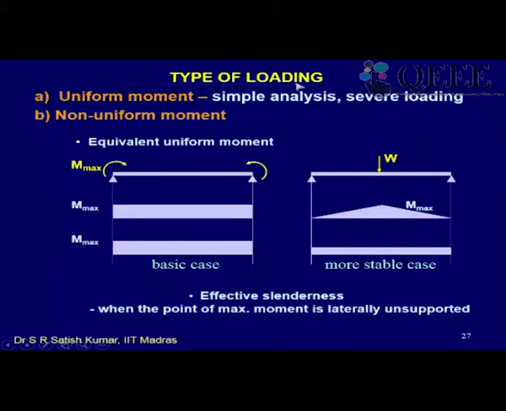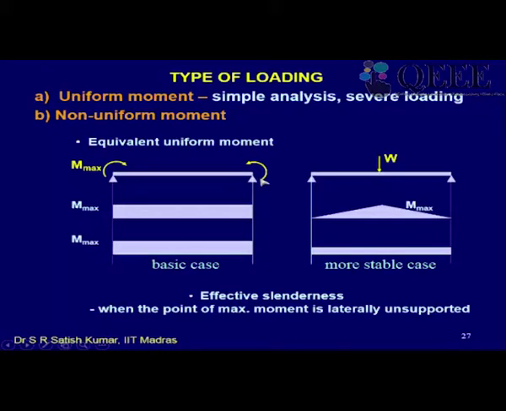Coming to the type of loading, that is whether the bending moment is uniform or non-uniform. What the code says is that you can convert a non-uniform bending moment diagram like this into an equivalent uniform bending moment diagram by simple formulas given in the code.